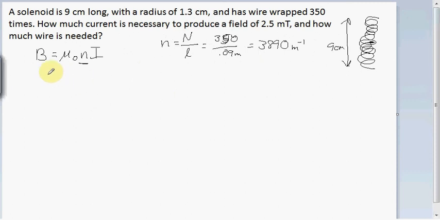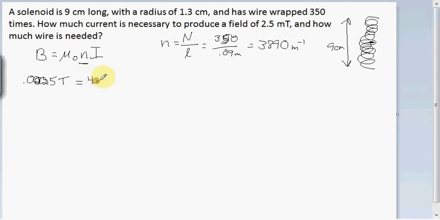All right, and so now we're all set to put stuff in here. B is 0.0025 teslas, in other words, 2.5 milliteslas.